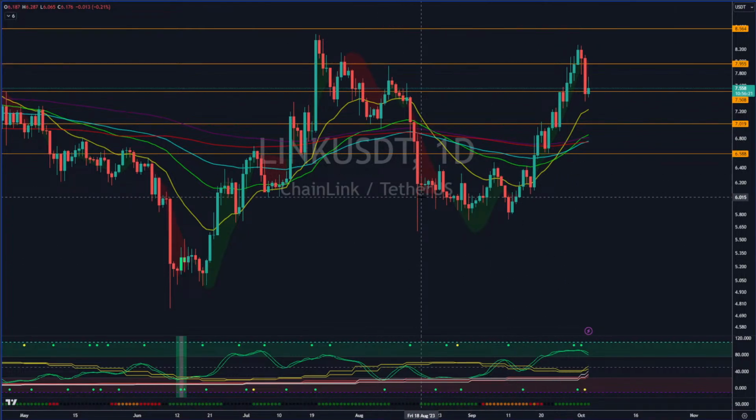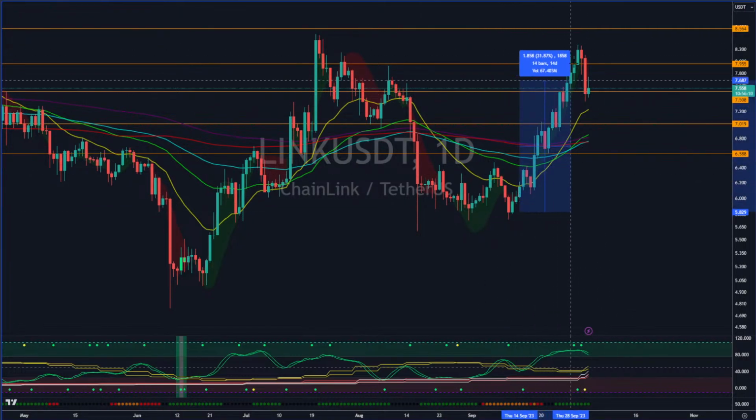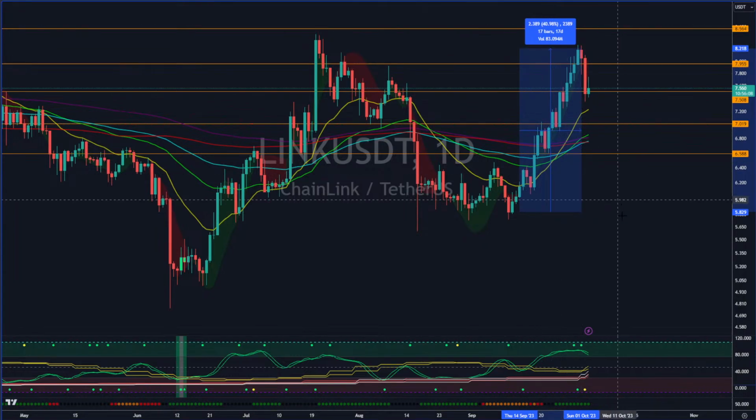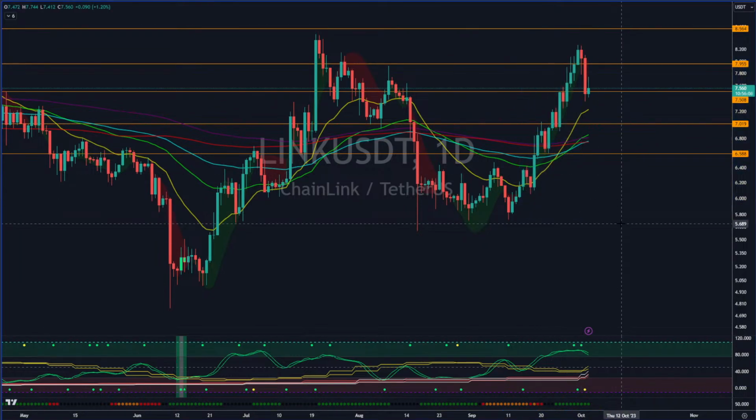We had a pullback, moved sideways, got into this squeeze, and basically launched. Link had a pretty impressive move from this low to that high, about 41%. That's a decent move, even for altcoins where people expect a lot more. So a retest of this 21 exponential would make a whole lot of sense.